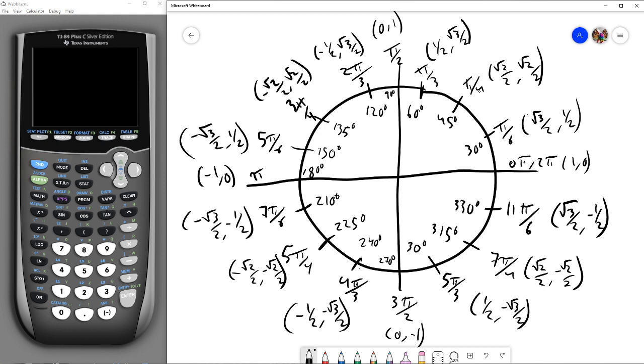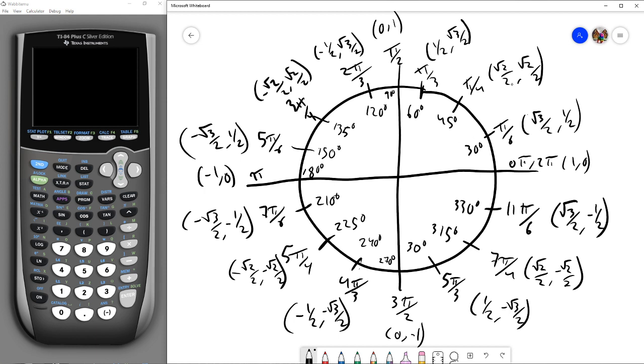Any denominator that's 4 is a square root 2 over 2, square root 2 over 2, because the x and y coordinates are the same. And so the way you keep track is just the plus minus. So look, pi over 4, 3 pi over 4, 5 pi over 4, 7 pi over 4, it's all root 2 over 2.